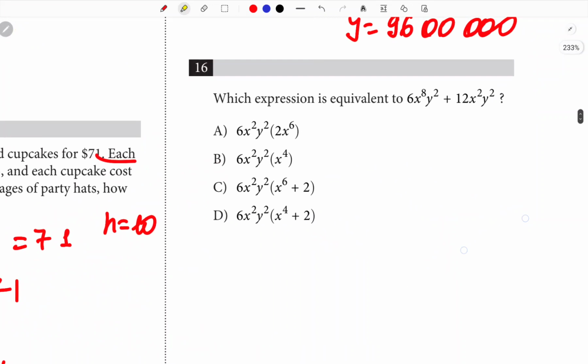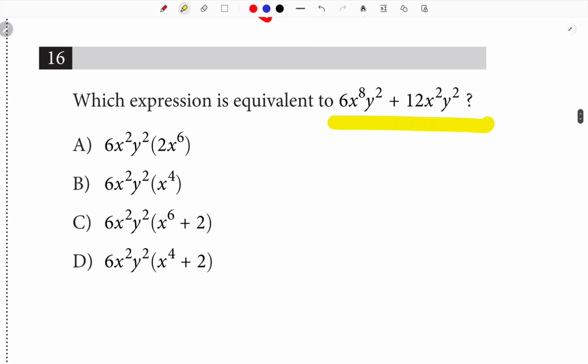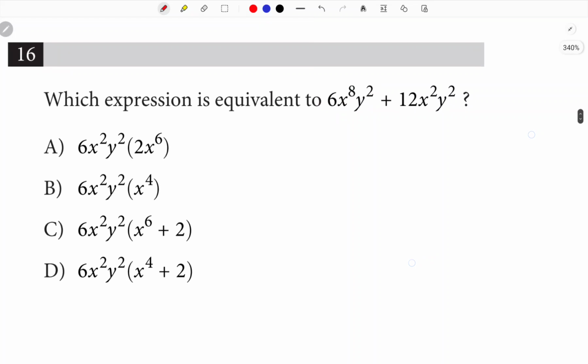Okay, and which expression is equivalent to this? Which expression? Okay, I take the 6 and 12. I take both numbers here, 6. x to the 8, x to the 2. Of course, I must take x to the 2, the small number, the small power. And y to the 2, I must take, so y to the 2.